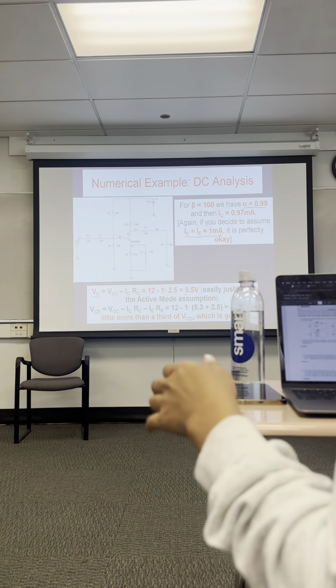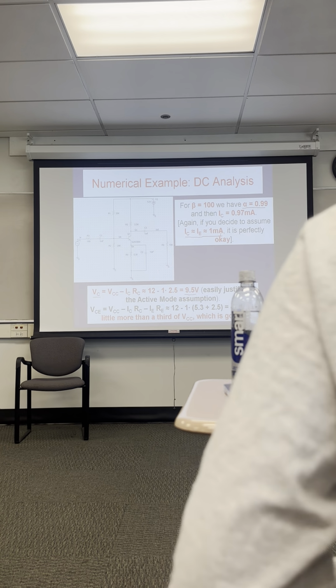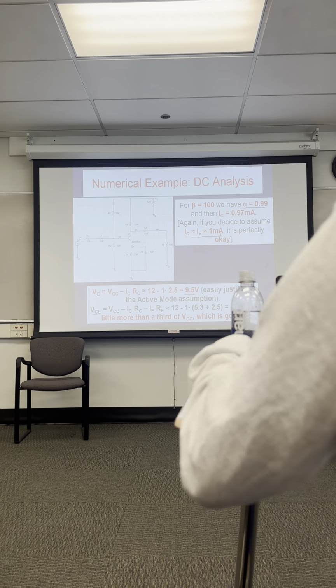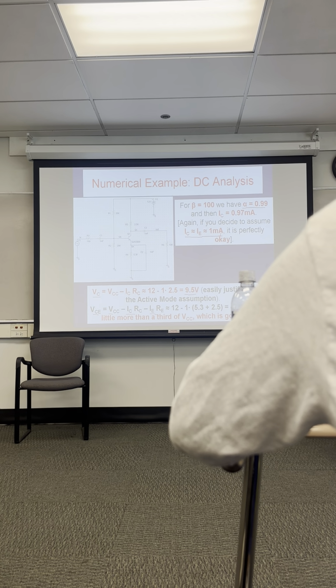9.5 volts. So if we have 9.5 on the collector and 6 volts on the base, that's active mode for the collector base. The collector emitter voltage, we can subtract: battery minus I_C R_C minus I_E R_E, and we get approximately 4.2. The battery is 12, so 1/3 of that would be approximately 4.